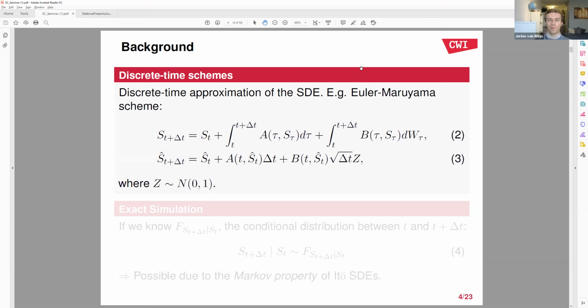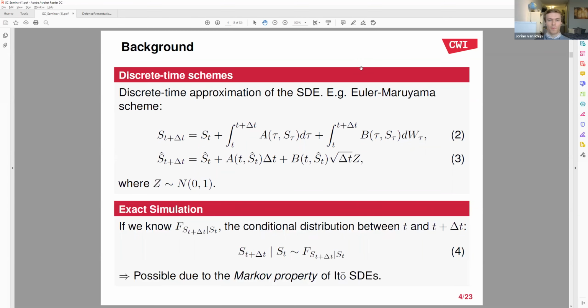If we write the SDE in its integral form in equation 2, then you see that if we take a stochastic Taylor expansion of that equation and truncate at some point, depending on how accurate you want that scheme to be, you arrive at a discrete time scheme version of that stochastic integral, as you see in equation 3. In equation 3, I've just shown the Euler scheme.